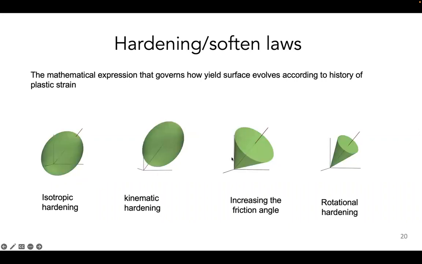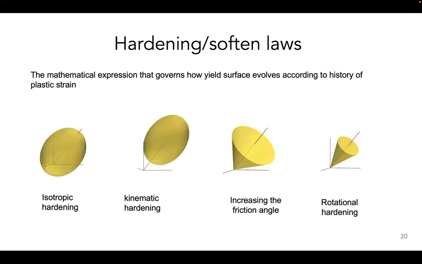I think we all know in our plasticity class what isotropic hardening is, what kinematic hardening is. The geometrical inspiration is that I make the yield surface bigger whenever I develop plastic strain, so that next time I'm loading it, I would require more strength in order to reach yielding. I can also make a kinematic hardening.